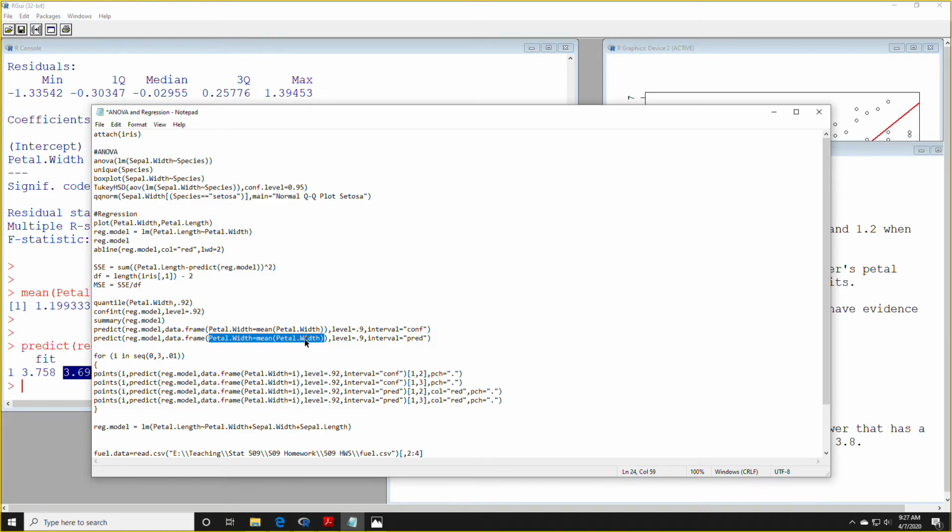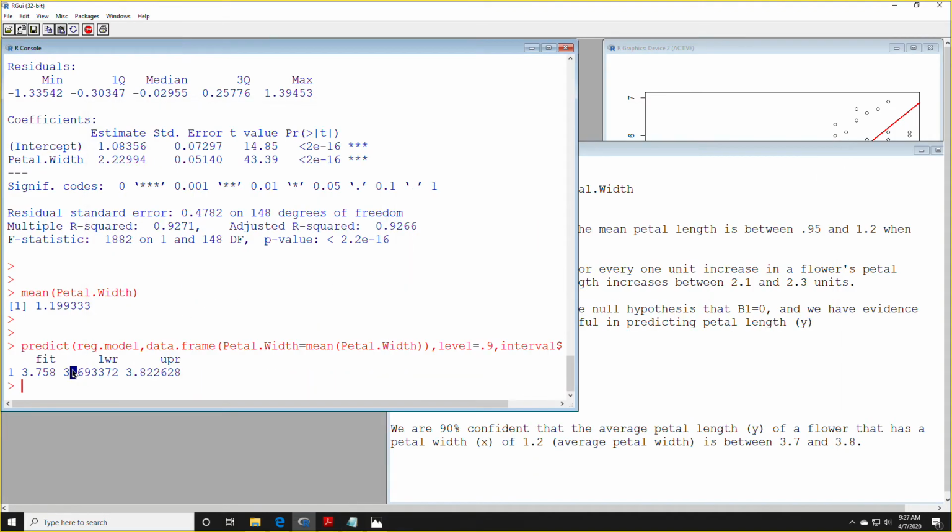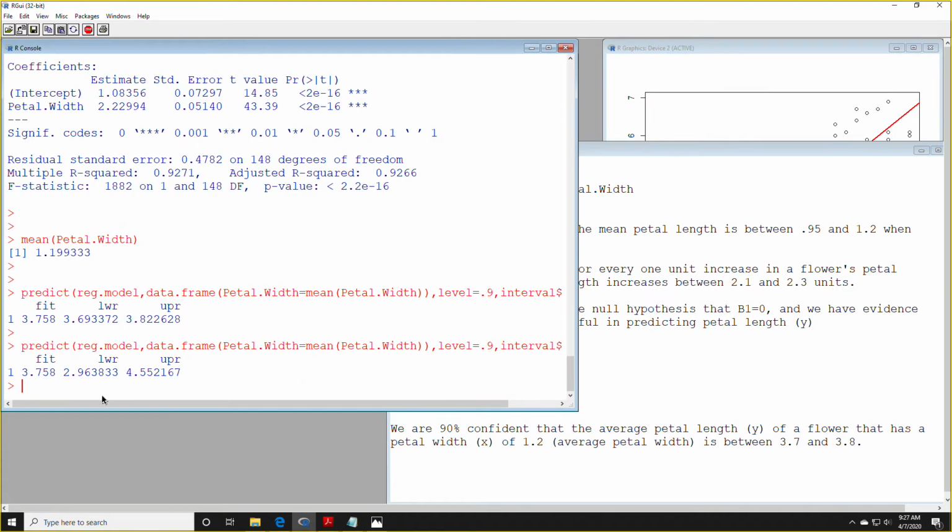Again, a petal width of about 1.2. And again, this should be wider because it's not an average, it's just a single observation, so there's more variability in predicting a single observation. And notice instead of going between 3.7 and 3.8, it's between about 3 and 4.5, much wider. Okay, it is much harder to predict a single observation than to predict an average of observations.